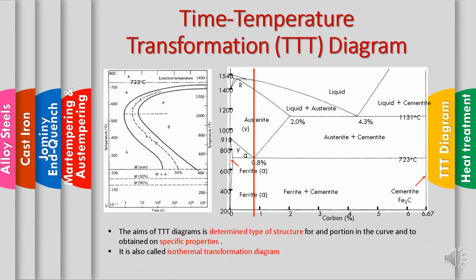The aim of the TTT diagram is to determine the type of structure for the portion in the curve and to obtain the specific properties. It is also called the isothermal transformation diagram.